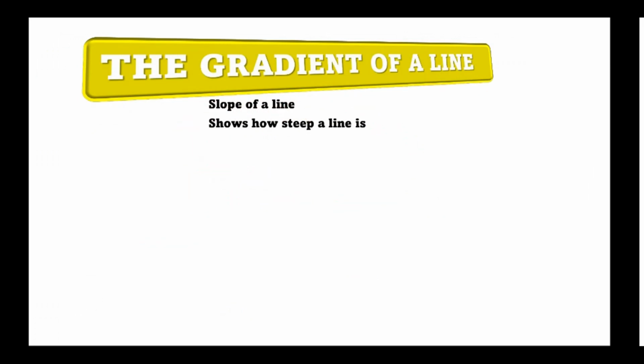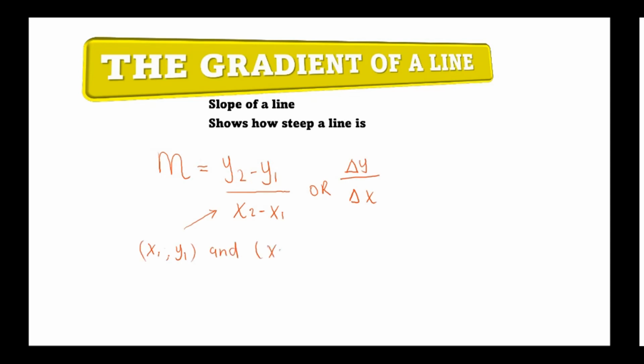The formula that we use for calculating the gradient of a line is m equals (y2 minus y1) over (x2 minus x1), or change in y over change in x, where x1, y1 and x2, y2 are points on the line.